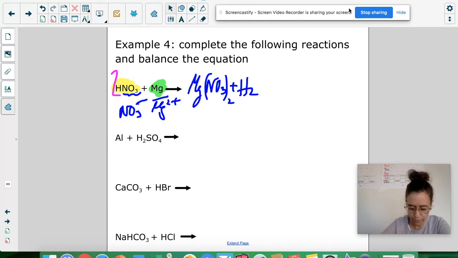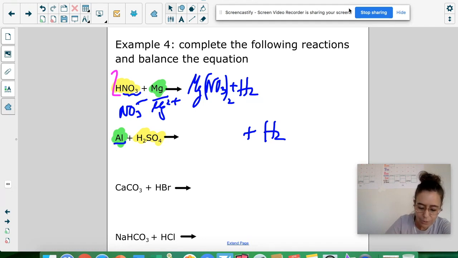Next example. We have a metal, aluminum, and then we have an acid, which is sulfuric acid. So when we have a metal plus an acid, again, it's going to be the same type of reaction that we see above. The products are going to be H2 and a metal salt. And the metal salt is going to be the metal plus whatever is remaining from the acid when we remove the protons, okay?